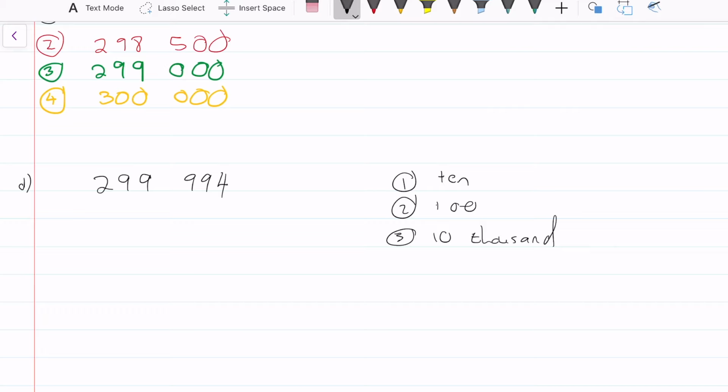So rounding off to the 10, we look at the tens column. The number before that is a 4. So 4 is less than 5, so we round down, and that becomes a 0.